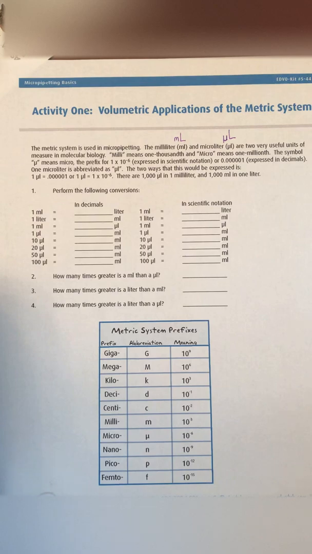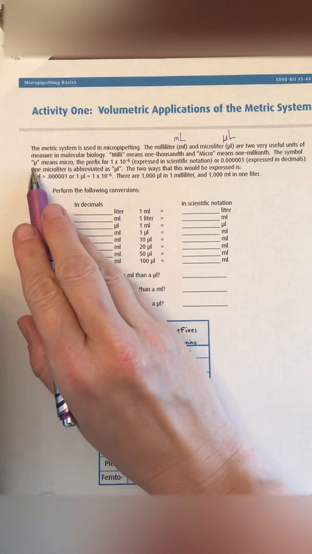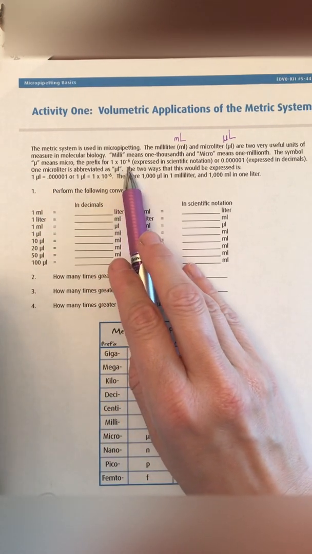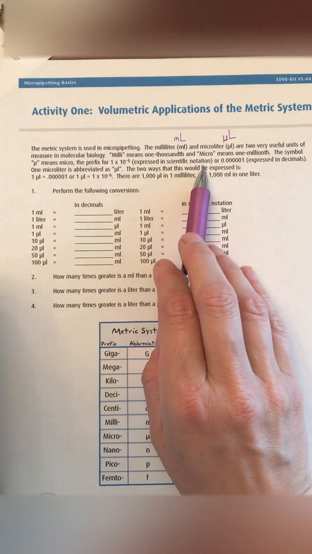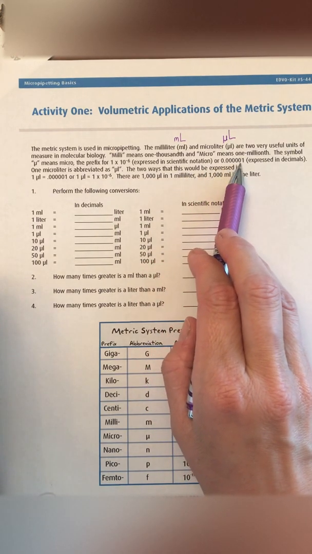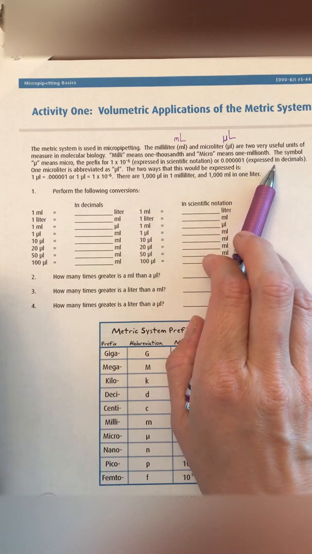Milli means one thousandth and micro means one millionth. The symbol, that little U there, means micro. The prefix for 1 times 10 to the negative 6, which is expressed in scientific notation, or 0.000001, which is expressed in decimals.